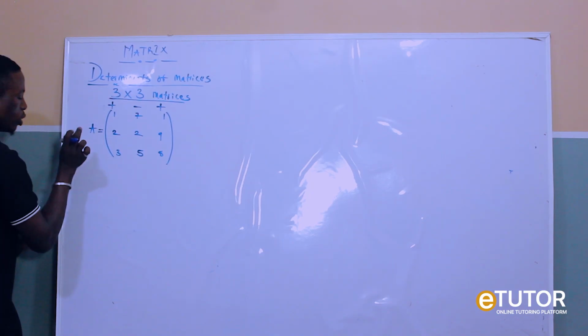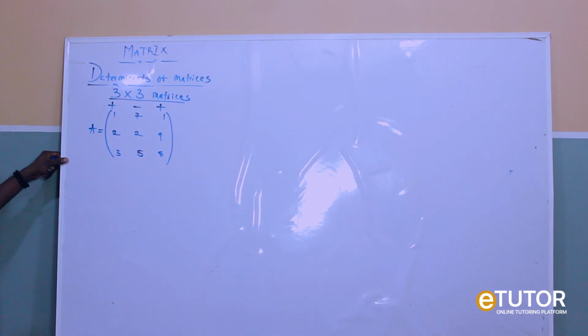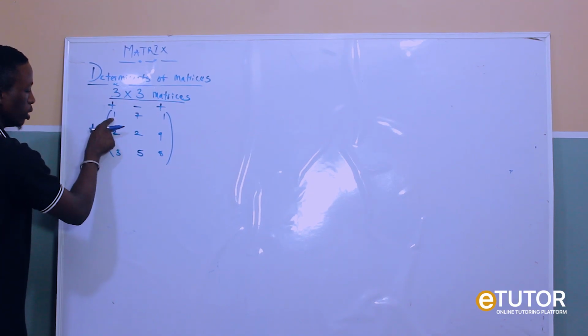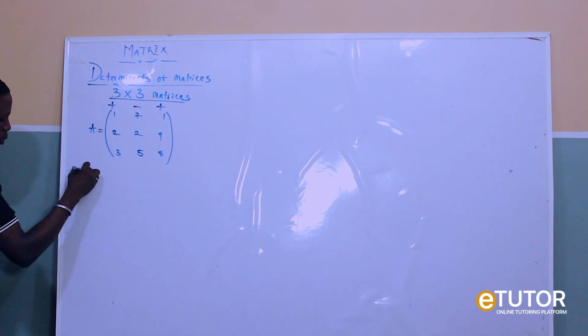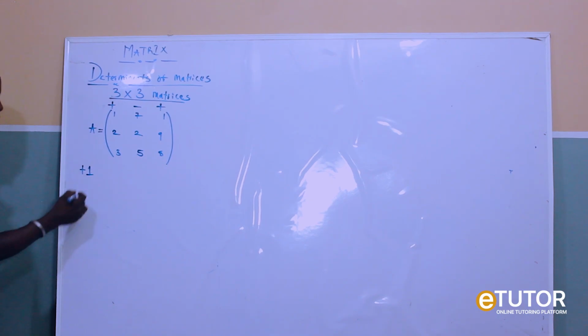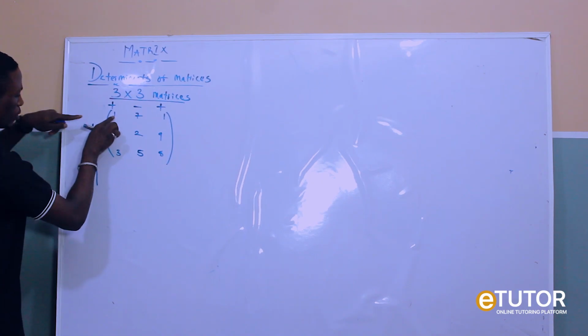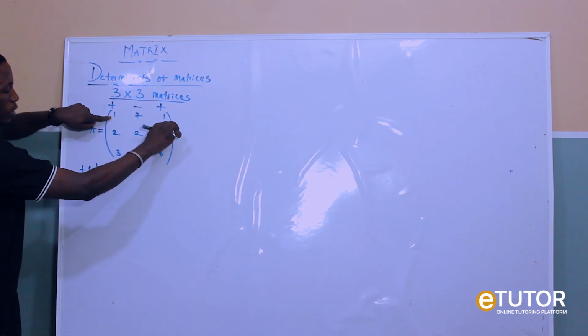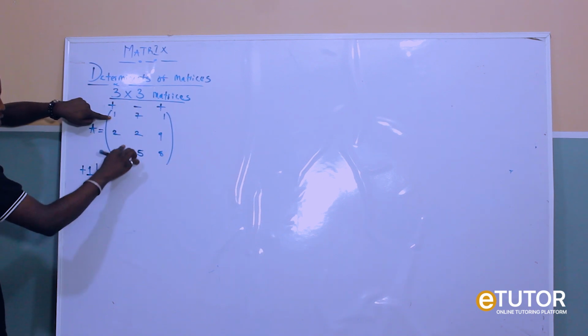So now you are going to take each element out one after the other. Starting with this one, you assigned plus to it, so you have plus 1 into the determinant of... now, 1 is on the first row, it is also on the first column.